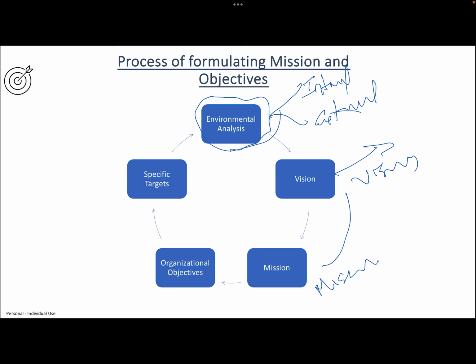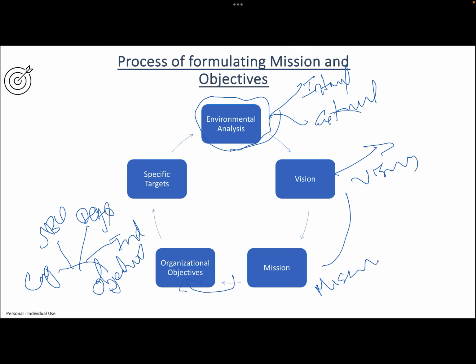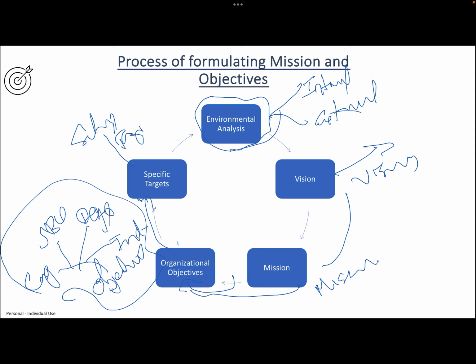Once the mission is set up, the next step is to have proper objectives. What are the different objectives? Corporate objectives, SBU-level objectives, departmental objectives, and individual objectives. You set up the mission, then come to objectives. You set up all the objectives. Once the objectives are set, you have to go with the goals and targets. Set up targets.